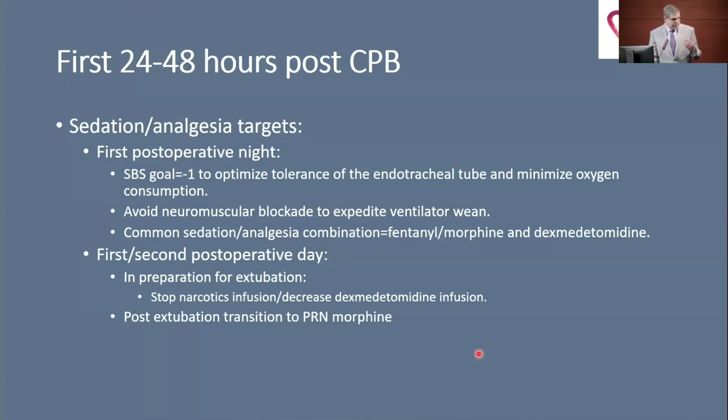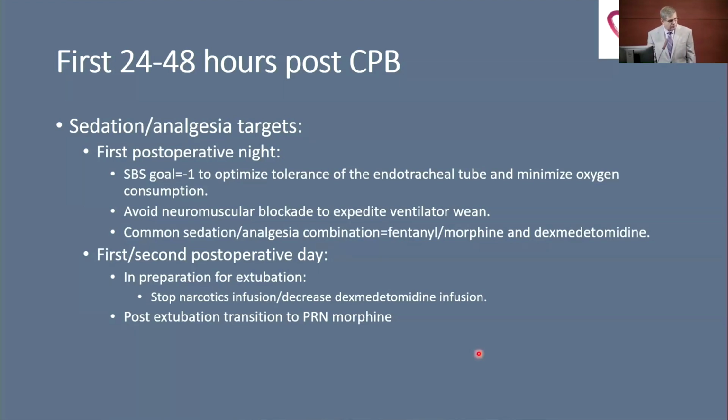Some use RASS goals of -1 or even -2 to optimize tolerance of the endotracheal tube and minimize oxygen consumption. We try to avoid neuromuscular blockade to expedite ventilator wean. Not always we can do that. If they're really marginal and their oxygen delivery state is pretty marginal, you sometimes need to do it in the first night.